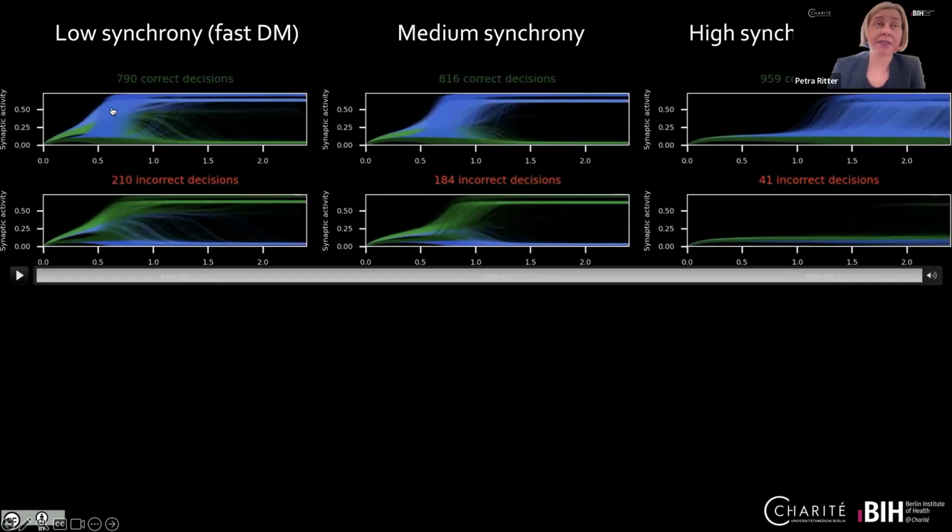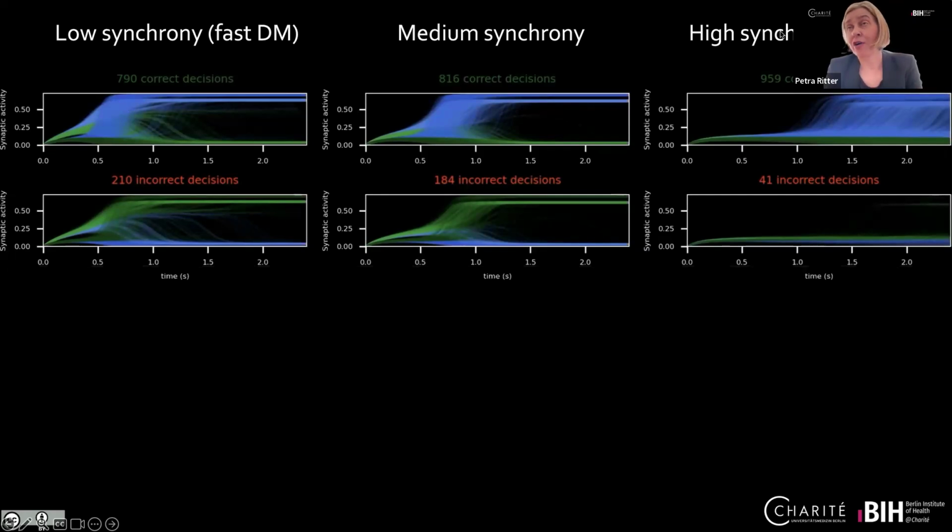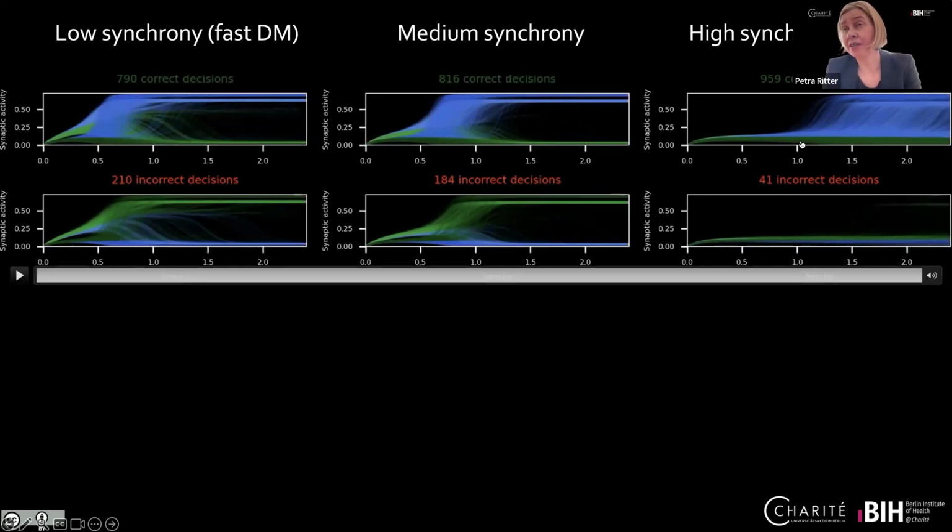What we also see is that the decision making in low synchronicity is faster. Already after 0.5 seconds, the threshold is reached in most cases and the decision has been taken. For high synchronicity in the brain, it takes longer. So it takes more than 1 second until the activity is ramping up and the decision is taken.